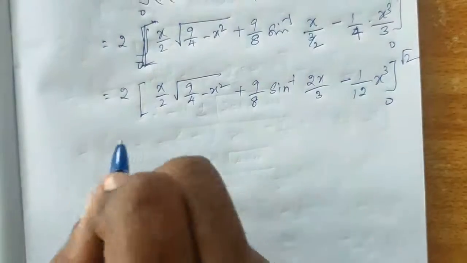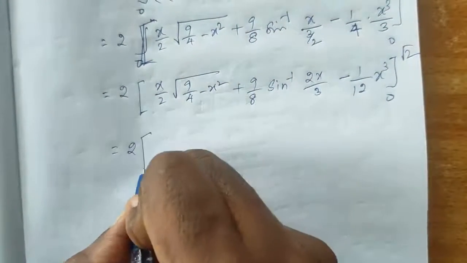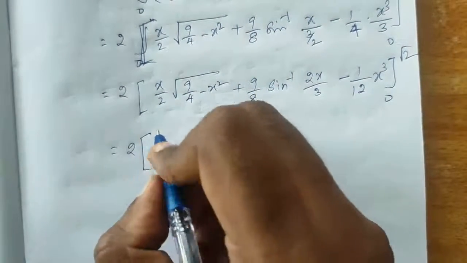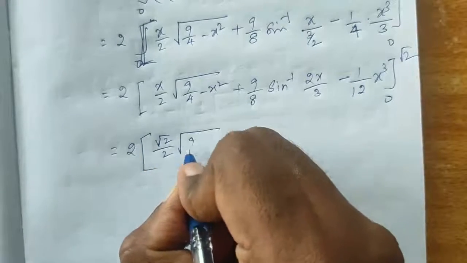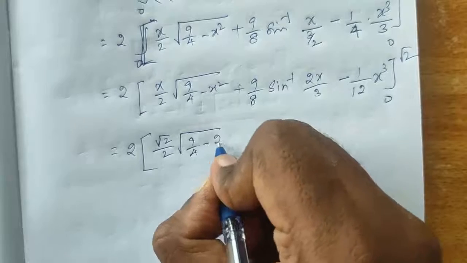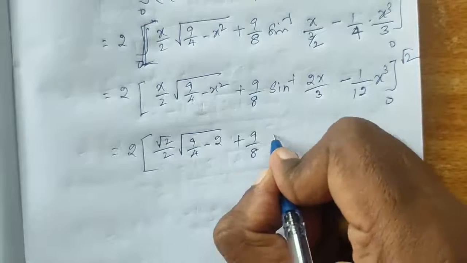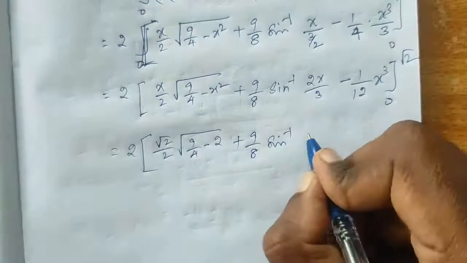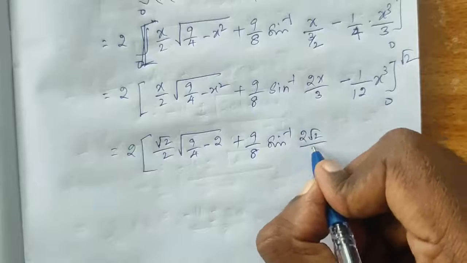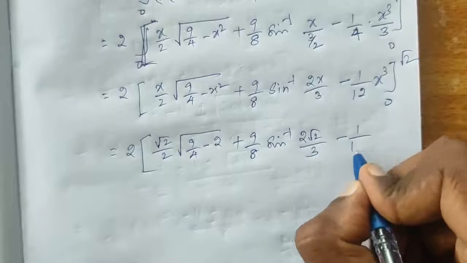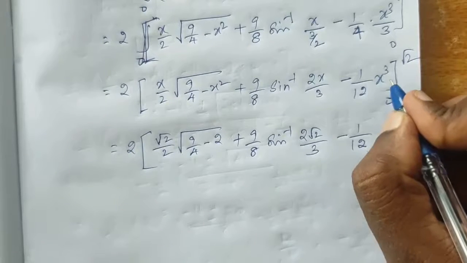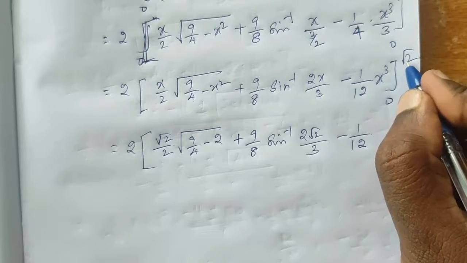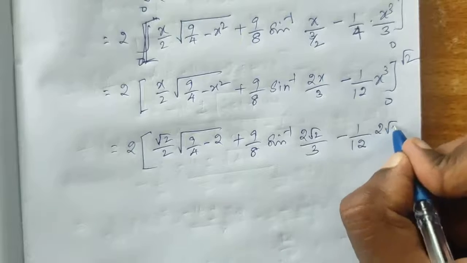So apply the limits, we get the lower and upper limits. So root 2 by 2, root of 9 by 4 minus root 2 square 2, plus 9 by 8 sine inverse of 2 root 2 by 3, minus 1 by 12 into x cube, root 2 cube, root 2 square 2, so root 2.